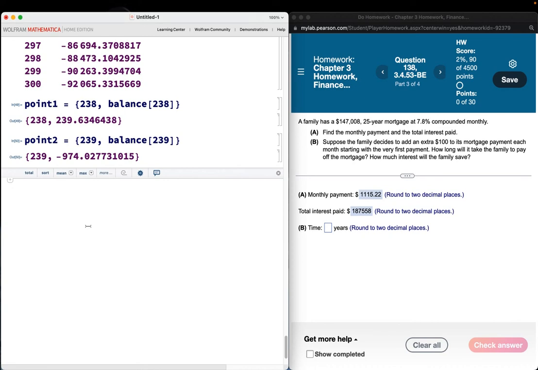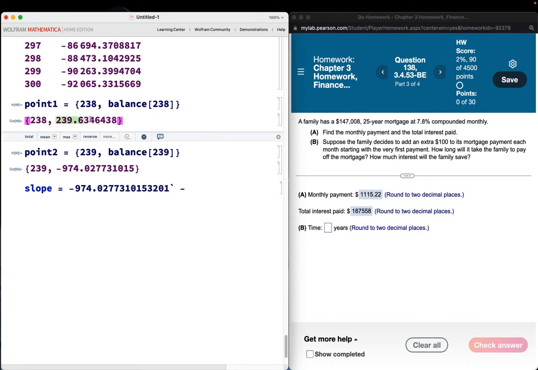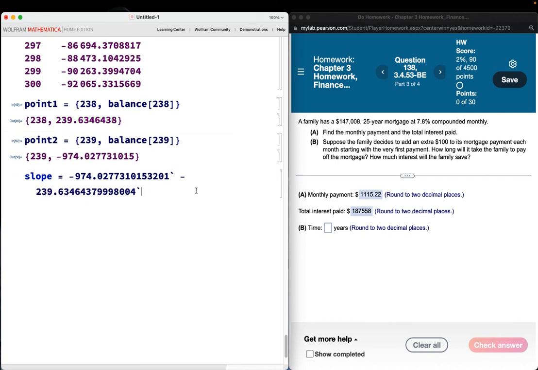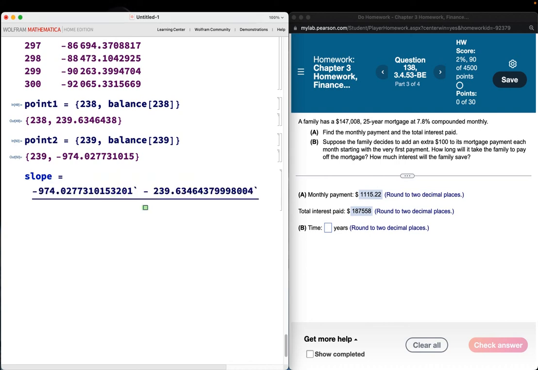We could guess, but let's try to be more exact. So again, let's use y is equal to mx plus b. The slope is equal to this number minus this number, divided by 239 minus 238, which is really the same thing as 1.